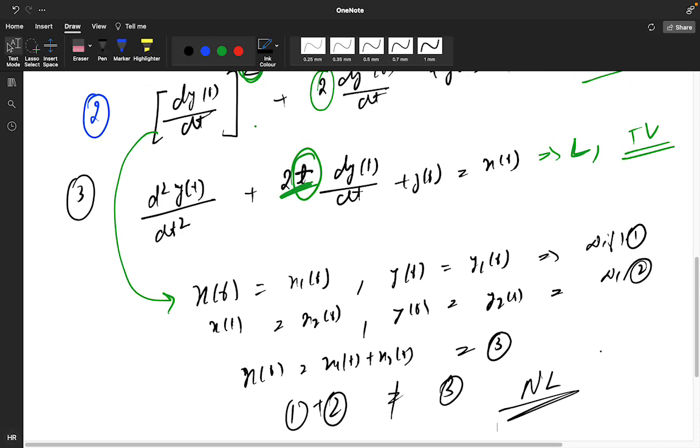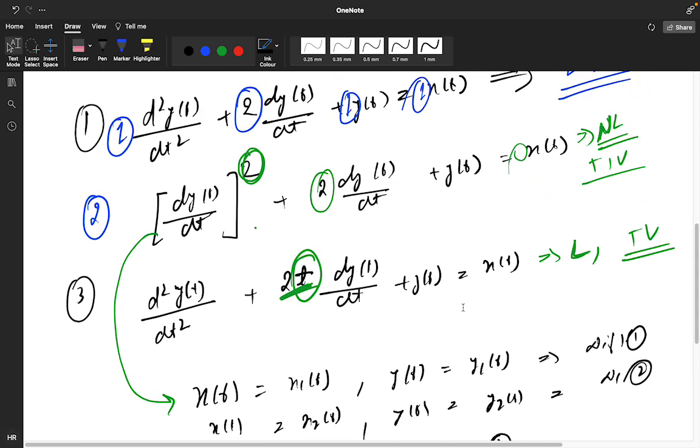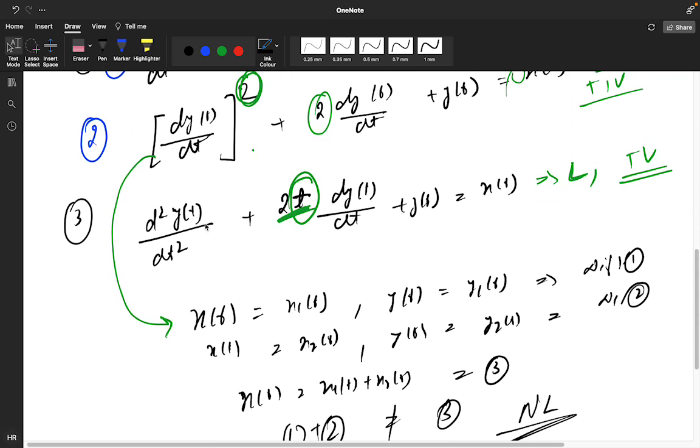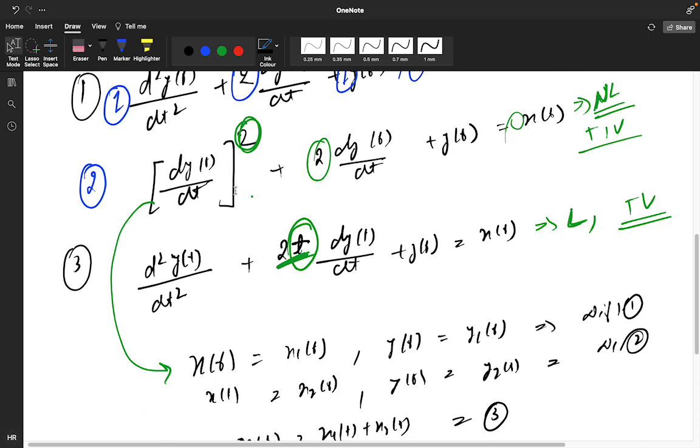This is the additivity principle we check. If you put in this form, here you will get (dy1/dt) the whole square plus 2 dy1/dt plus y1(t) is equal to x1(t). Here you will get (dy2/dt) the whole square plus 2 dy2/dt plus y2(t) is equal to x2(t).